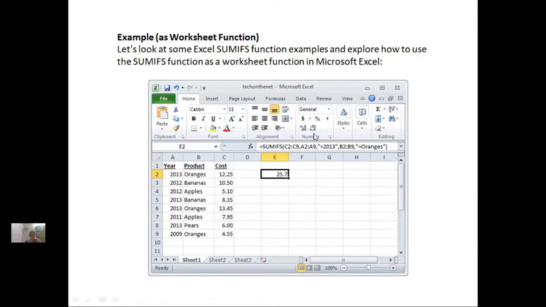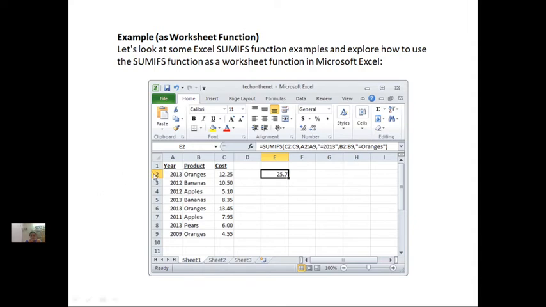Let us see what formula he has written in the formula bar: equal to SUMIFS, open bracket, C2 colon C9, A2 colon A9, comma, double quotes equal to 2013, comma, B2 colon B9, comma, double quotes equal to oranges. So he is taking multiple conditions: the year should be 2013 and the product should be oranges.